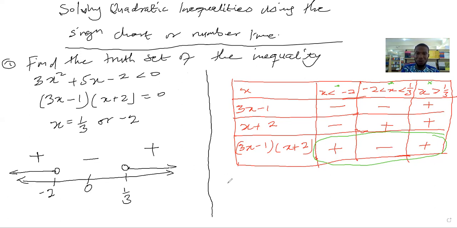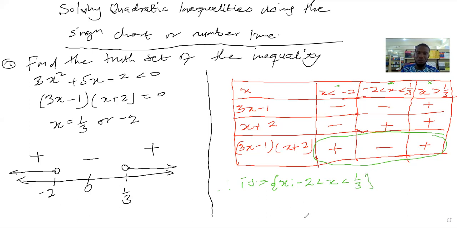So therefore, our answer, which is the truth set, will be equal to {x : negative 2 less than x less than 1 over 3}.